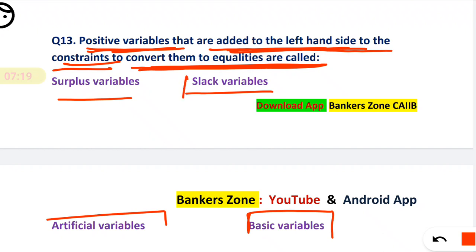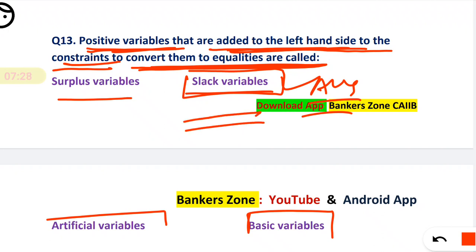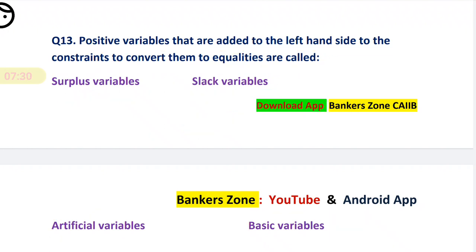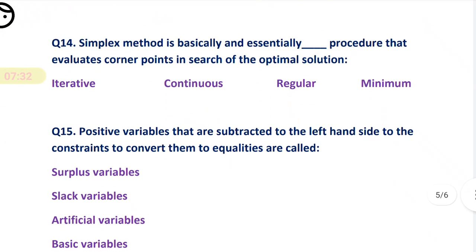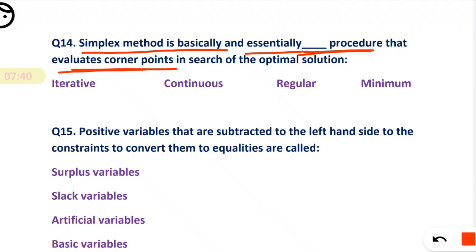So basically it is the slack variable. Okay, slack variable is the answer. We have discussed in the previous theory lecture what a slack variable is and how we are adding them.